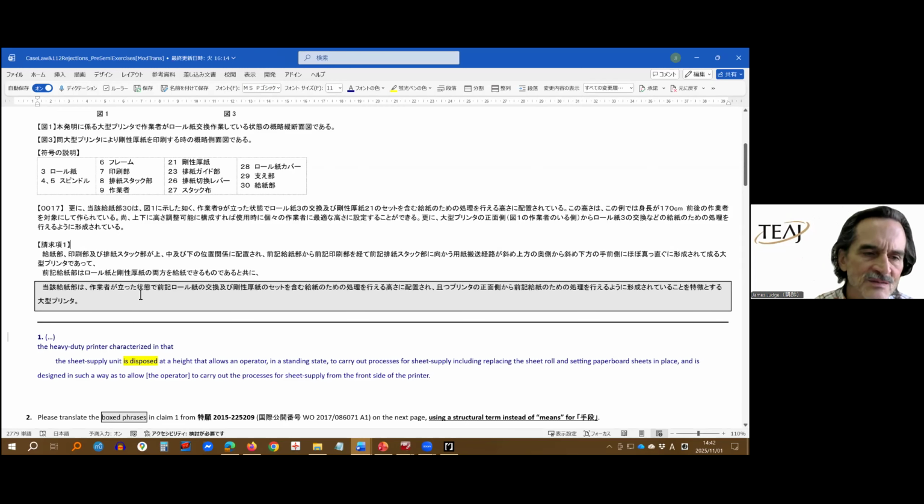And it's specifically in the phrase that I asked everyone to translate. 作業者が立った状態で、前期労使の交換及び合成厚紙のセットを含む教師のための処理を行える高さに配置され。This is the whole problem. This is what they spent 10 years trying to fix, actually.